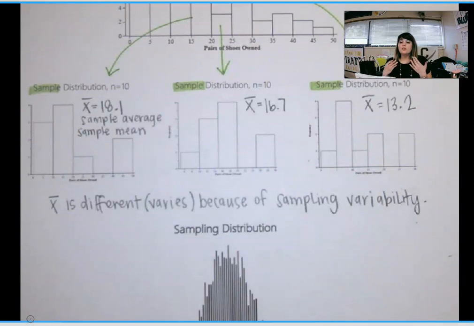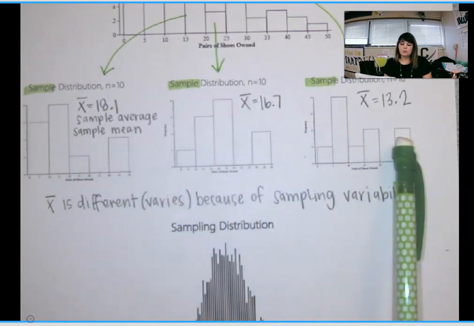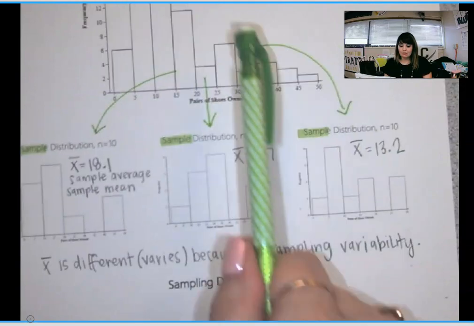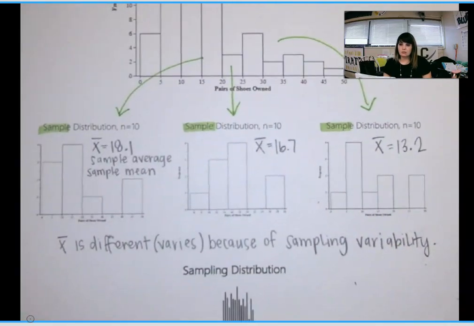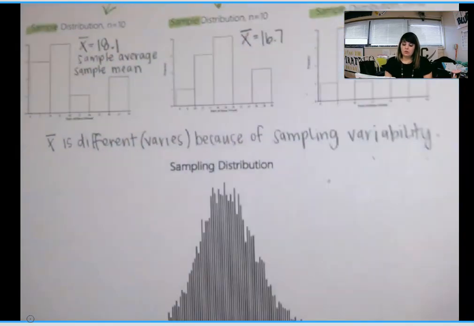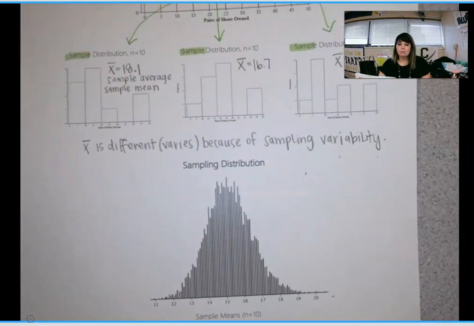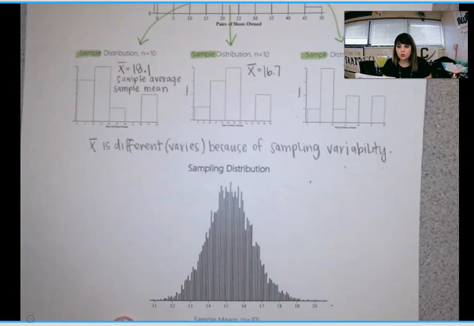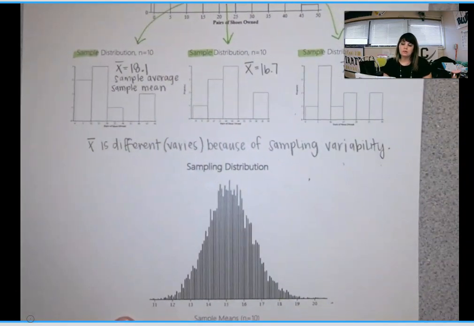But what we know is, if we take all the possible samples of size 10 that we can from this population and we graph them, we know that those samples will be clustered around the true value of the population.